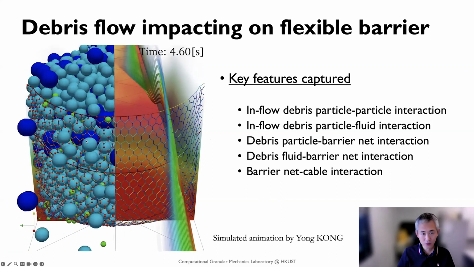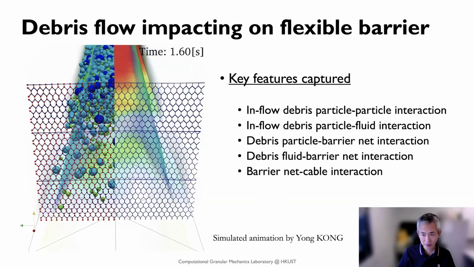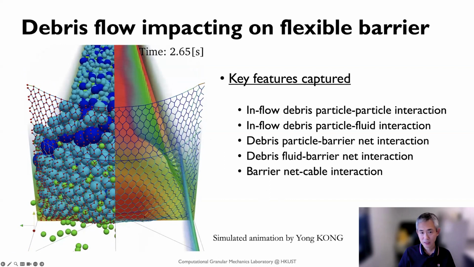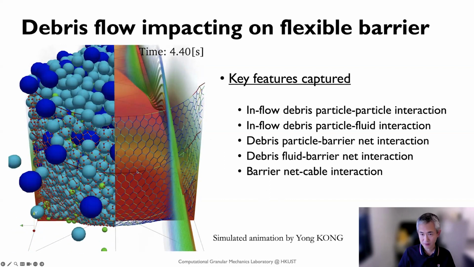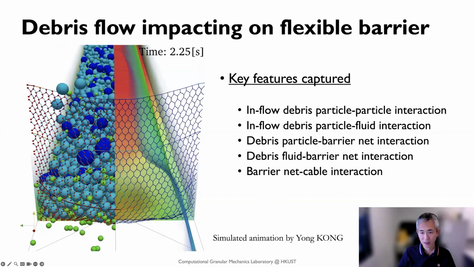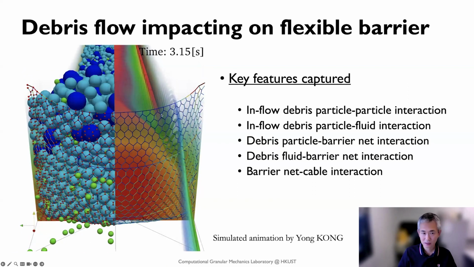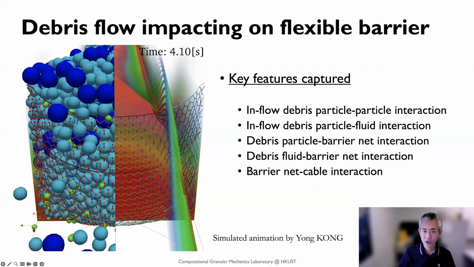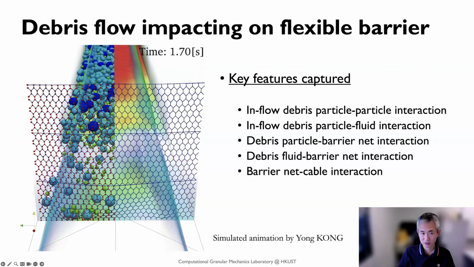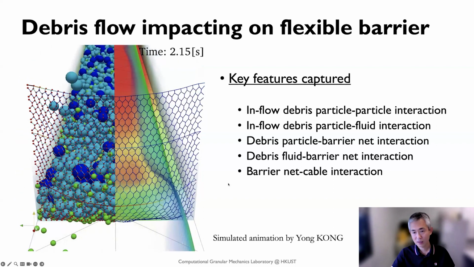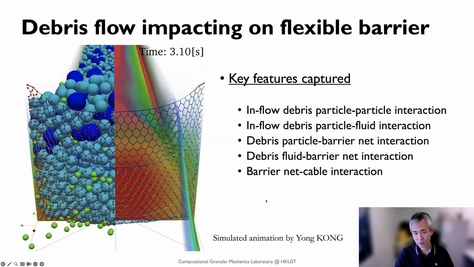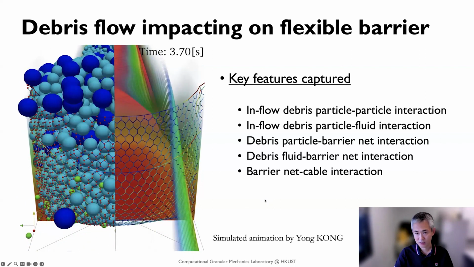The particles can interact with the barrier, and the fluid also interacts with the barrier. And the net itself can slide and stretch over the cables. That is another action we can capture in this simulation.